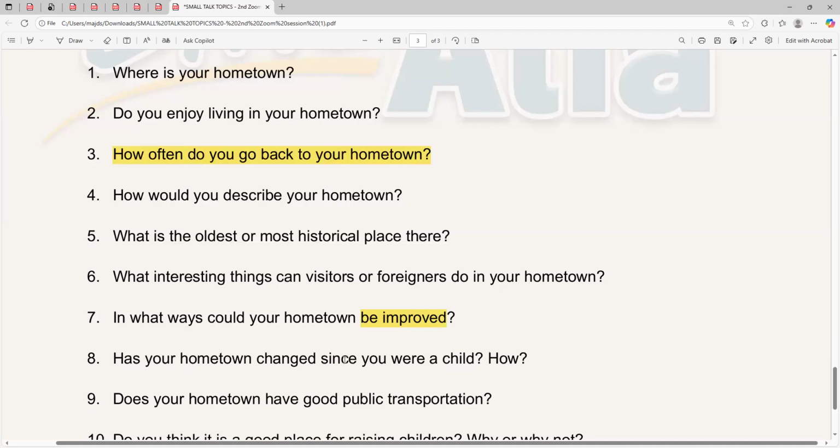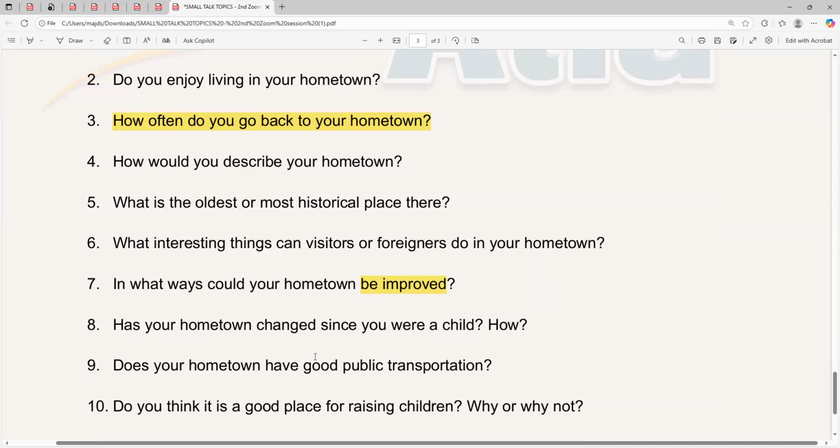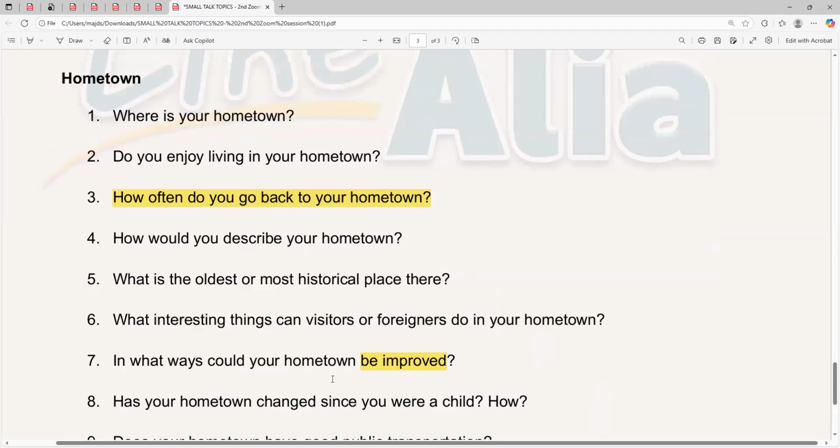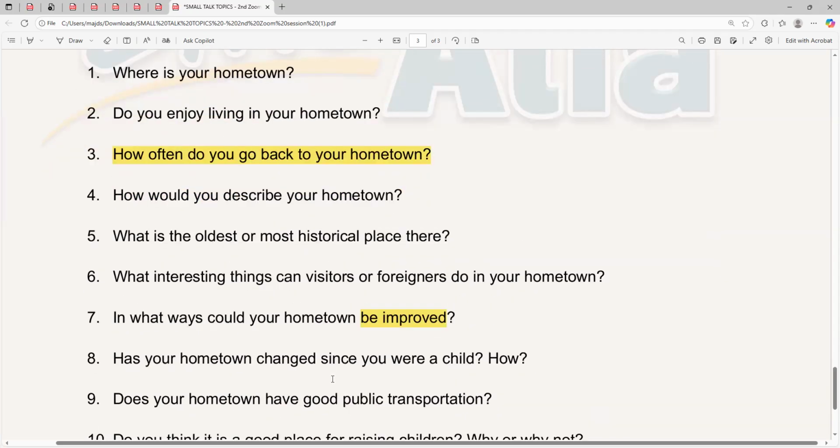Has your hometown changed since you were a child? And how, if you know? If you don't know, you can look on the internet. Does your hometown have good public transportation? And do you think that it's a good place for raising children? Why not? Okay. So 10 questions. If you want to skip any of them, it's totally fine.